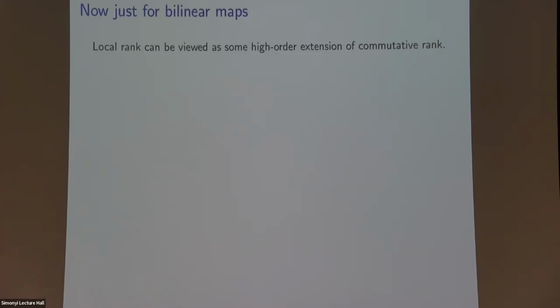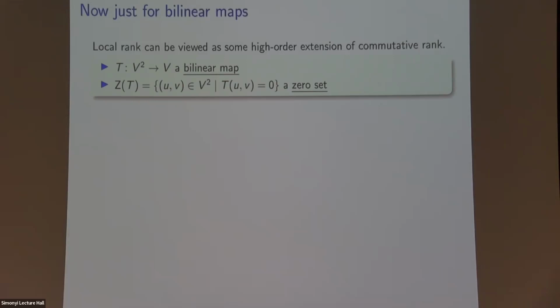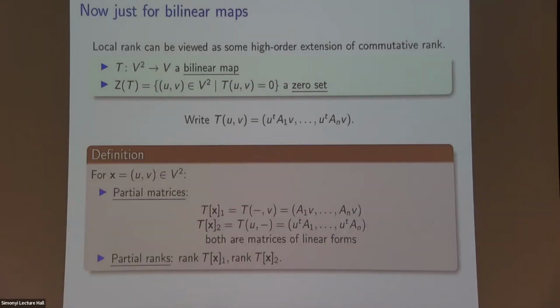And let me convince you that local rank is very much related to commutative rank, at least for tensors or bilinear maps. If we fix D to be 2, so now we're talking about a bilinear map, the point is that the partial matrices are just matrices of linear forms.